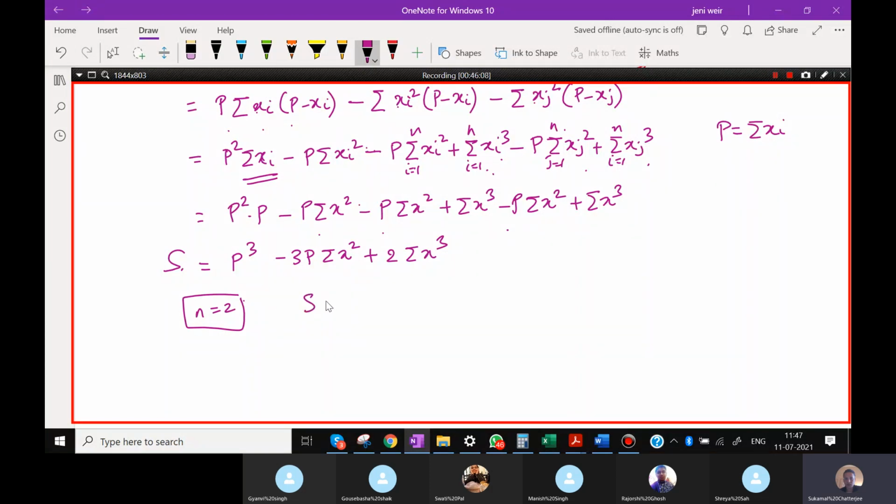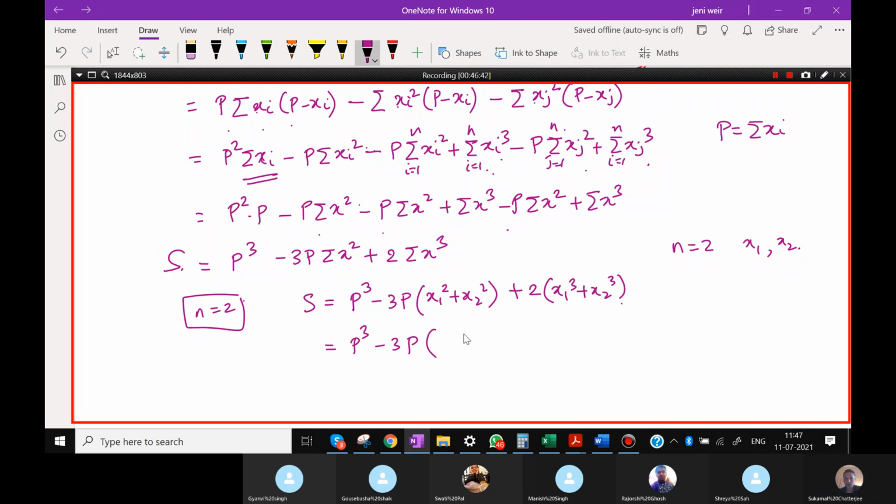So if n is equal to 2, the sum becomes equal to p cube minus 3p into (x1 square plus x2 square), n equal to 2 means we have x1 and x2 only, plus 2 into (x1 cube plus x2 cube), which would be p cube minus 3 into p into (x1 square plus x2 square would be x1 plus x2 whole square minus 2x1 x2), and x1 cube plus x2 cube would be x1 plus x2 whole cube minus 3x1 x2 into (x1 plus x2).